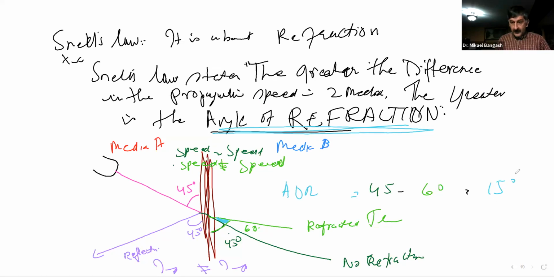So in this case, we got an angle of refraction of 15 degrees. Clear? Let's say that we had a small difference, a lesser difference between the two speeds here.